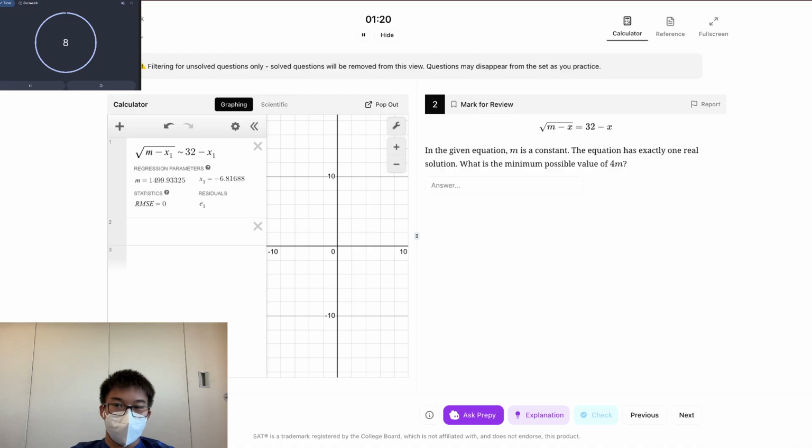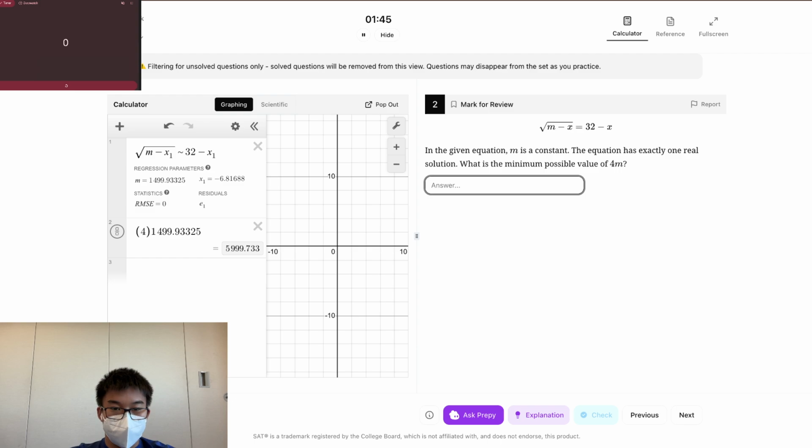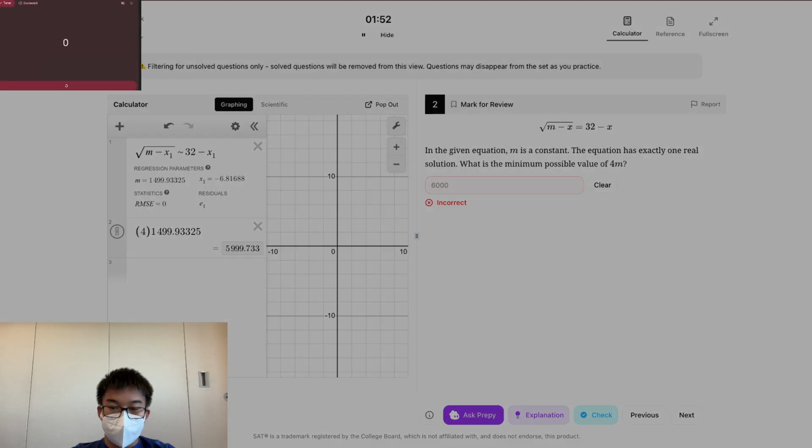Okay, exactly one real solution. You know what? I'll just plug this in and see how it works. This is obviously wrong. This one's probably obviously wrong, but let's try that 6. Yeah, it's definitely wrong. That's cool.